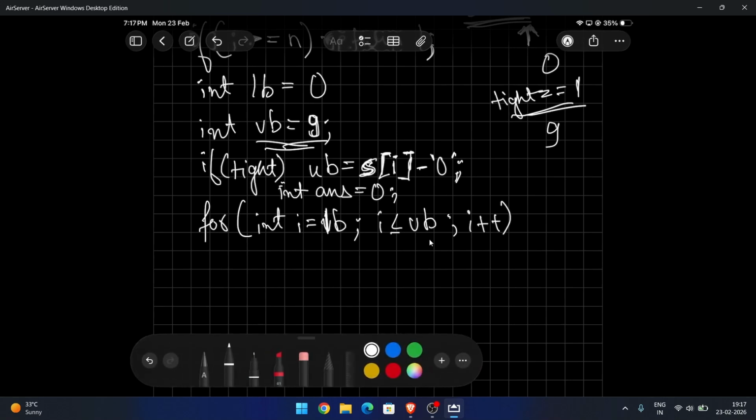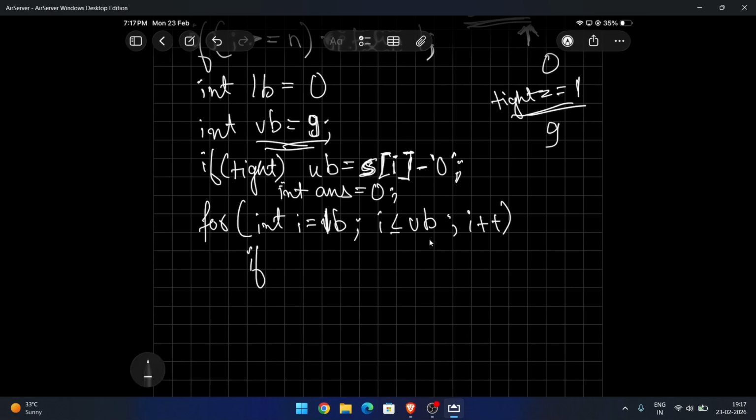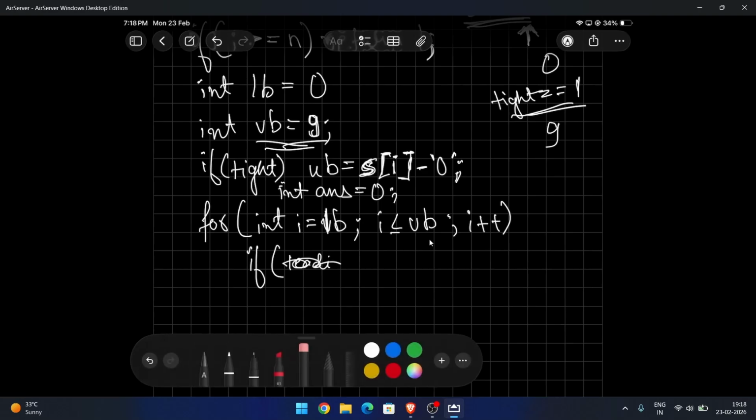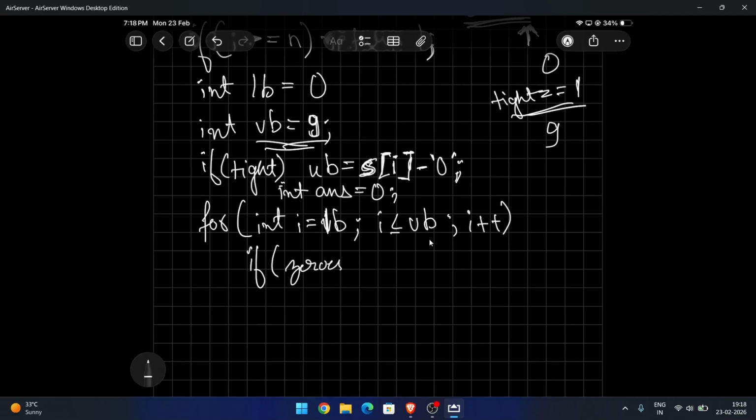Okay, so now what are the conditions? Let's say if leading zeros are present, first we would treat the condition for leading zeros. If zeros plus 1 is equal to I, that means currently we haven't started the number yet.